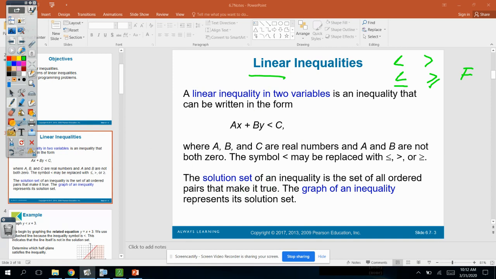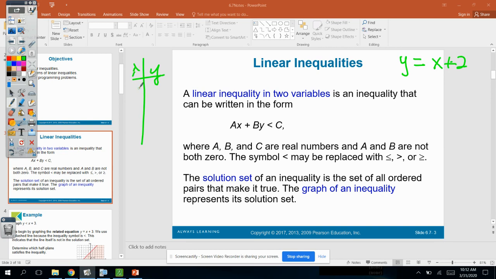And basically, when you graph it, you're going to graph the boundary line. You remember how we talked about lines? For example, let's just do y equals x plus 2. There are infinitely many answers that make that true, x and y, right?